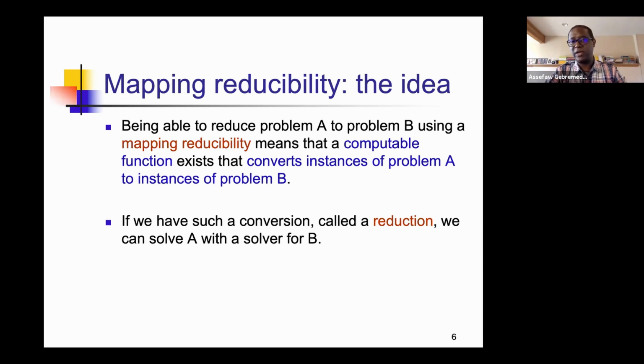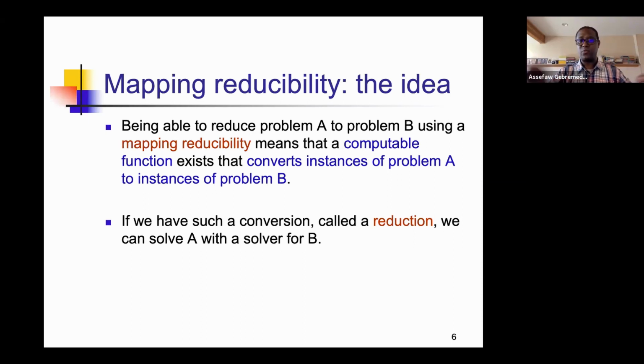So we're going to be looking at a computable function that exists to convert instances of problem A to instances of problem B. The reason it's called mapping reducibility will be clear when we formally define it, but you see the word mapping. That means I'm able to convert every instance of problem A, from which I started, to an instance of problem B. There is a distinction between talking about the problem in general and talking about every instance of that problem and every instance of this other problem that we are reducing it to.